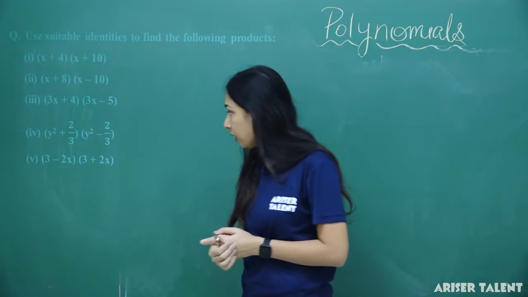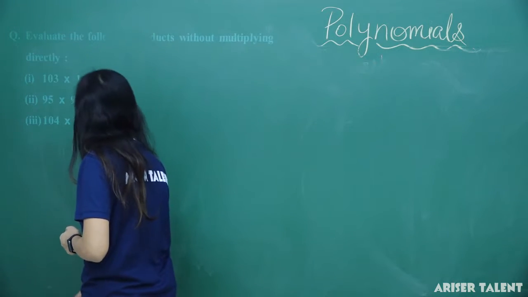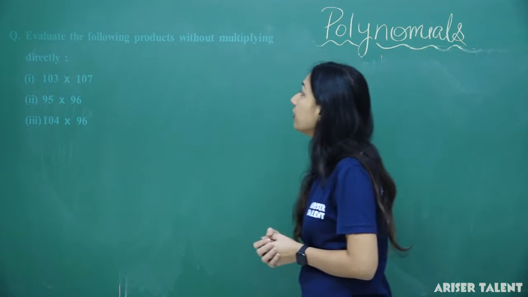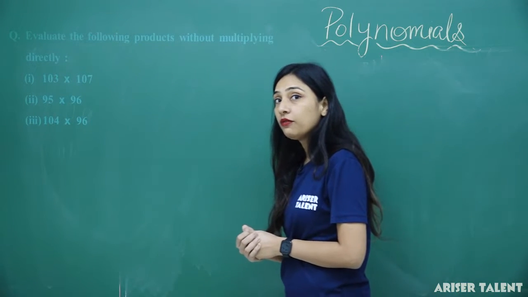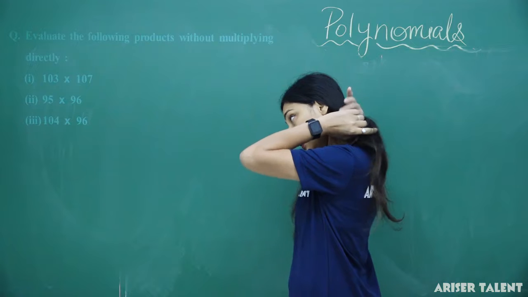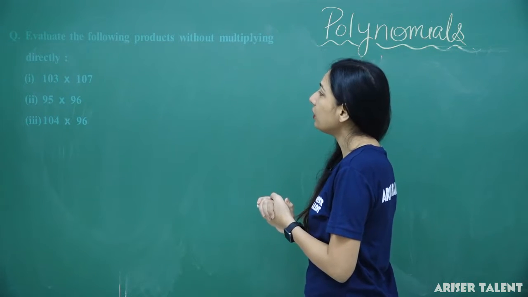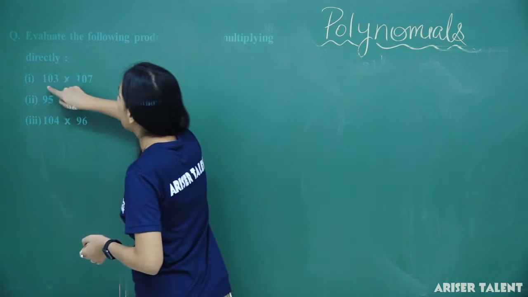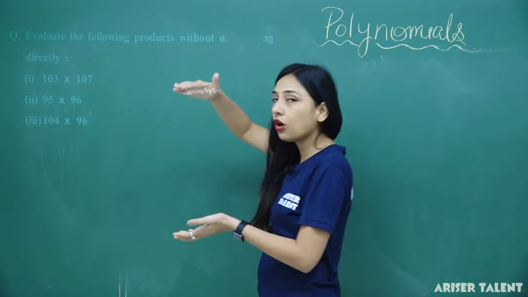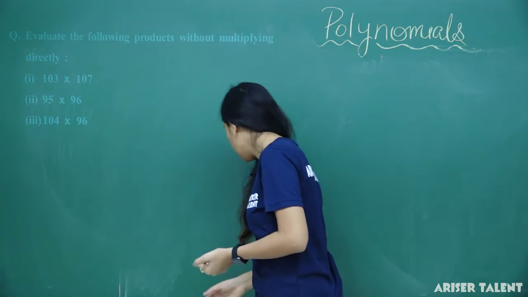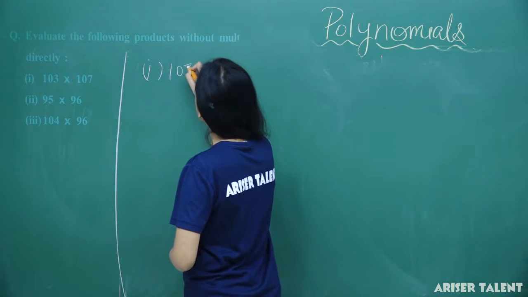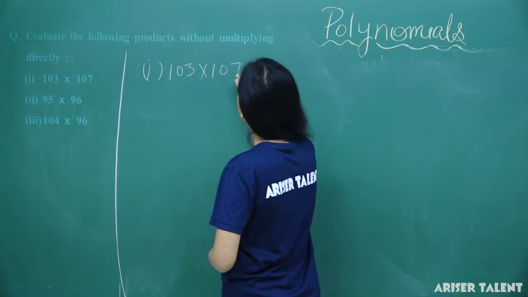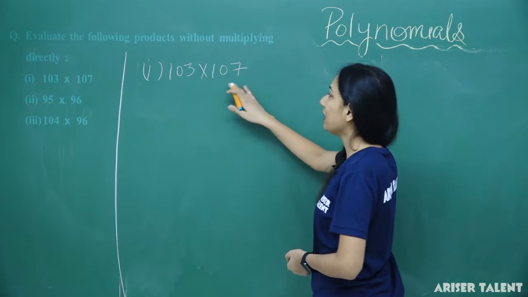Okay, so let's move forward to our next slide of questions, that is evaluate the following products without multiplying directly. Now we have to evaluate these without multiplying. We don't have to directly multiply 103 by 107, that's a long process for sure. So the first question, 103 multiplied by 107.